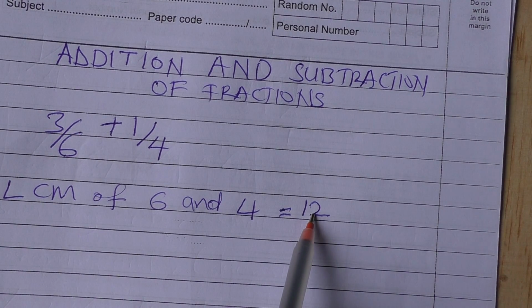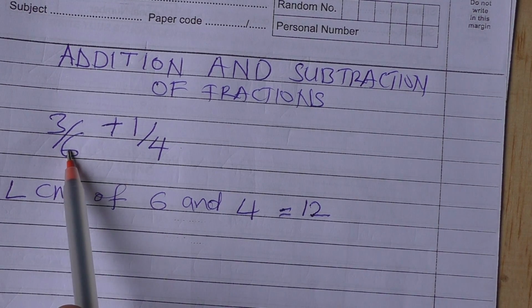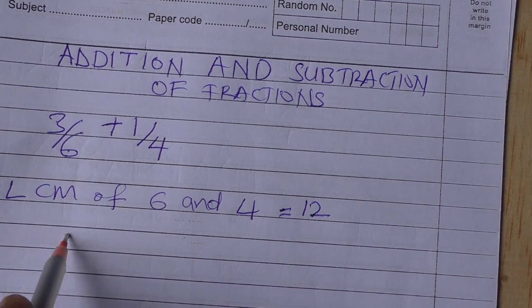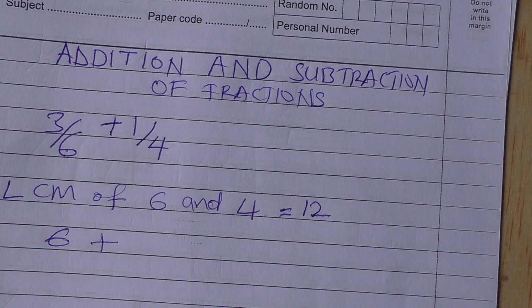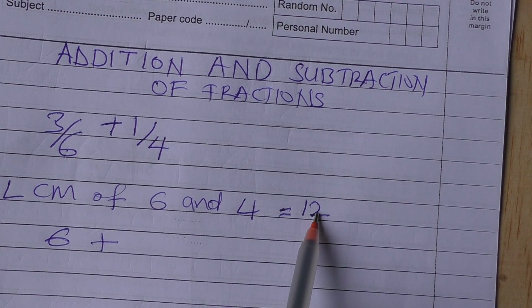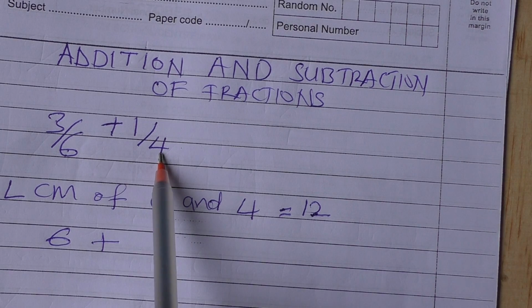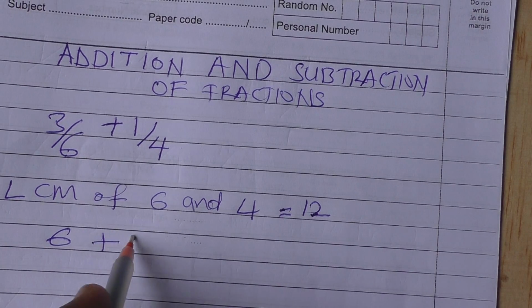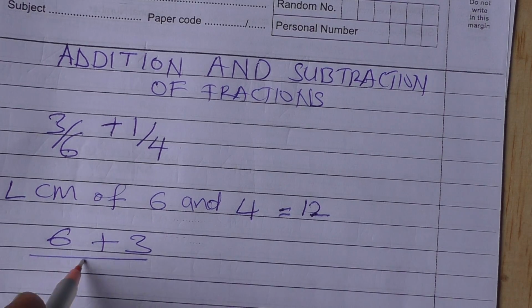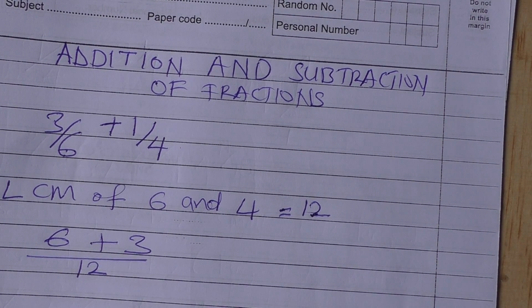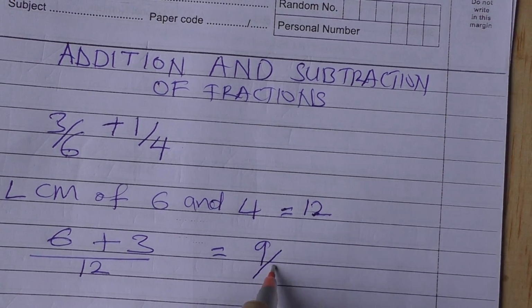We get LCM divided by 6, which is a 2, times 3, which is a 6, plus the same thing, 12 divided by 4 to give us a 3, times 1, which remains 3, over the LCM, which is 12, which gives us 9/12.